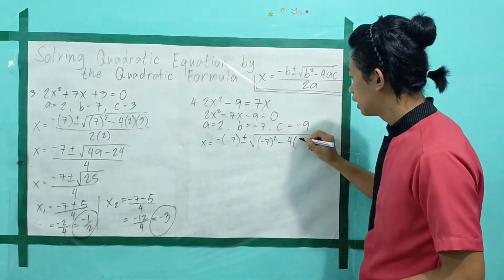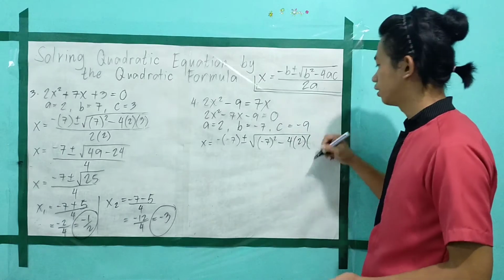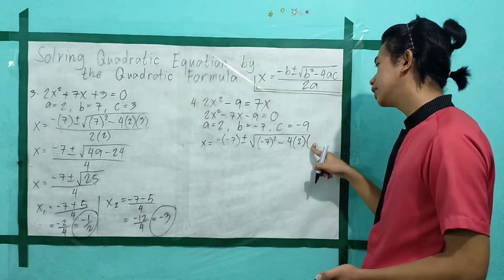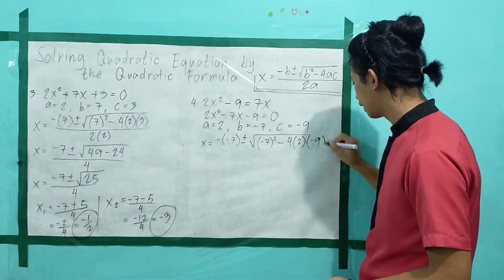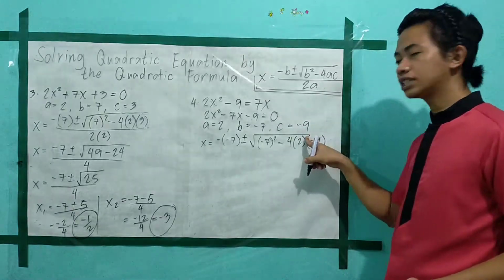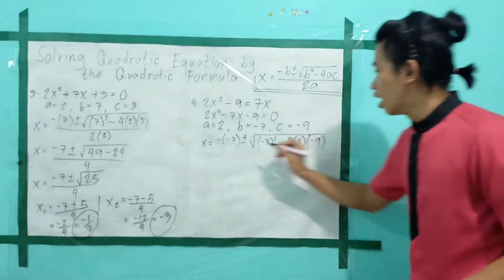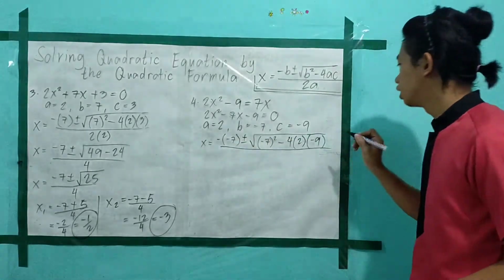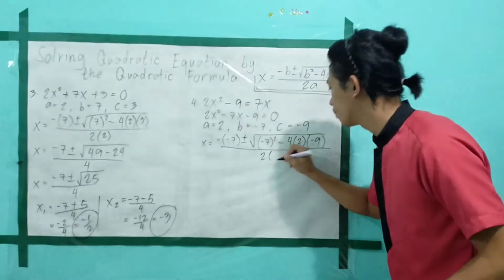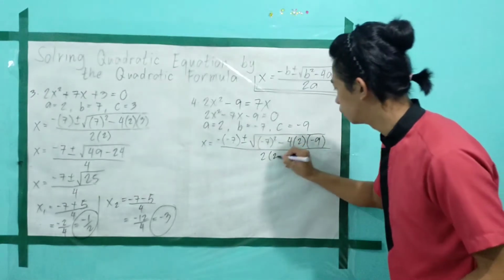We have 2 in our a. Then c. For AC, so our C is equal to negative 9. So, dapat yung radical sign natin is kung hanggang saan yung number natin. All over 2 multiply by A. 2. Ayan.